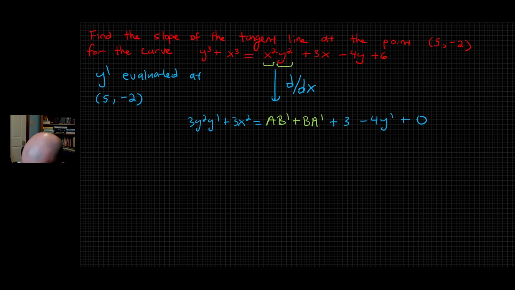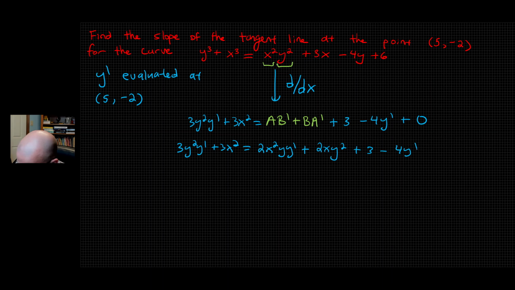Now I'm going to plug in the product rule piece. 3y squared y prime plus 3x squared is equal to a is x squared times b prime is 2y y prime. b a prime, we have y squared times derivative of x squared, so 2x times y squared, plus 3 minus 4y prime.